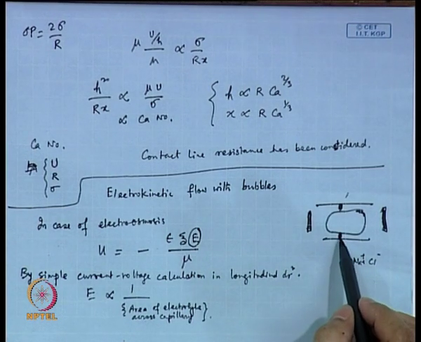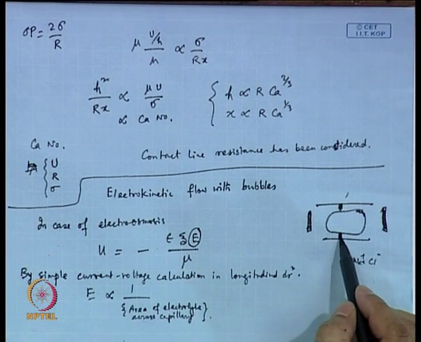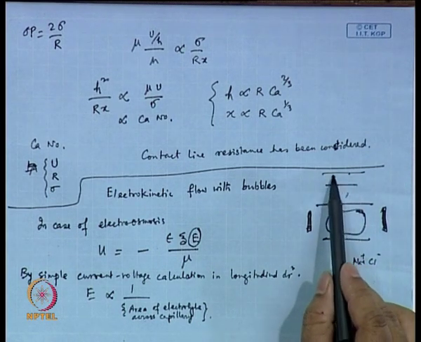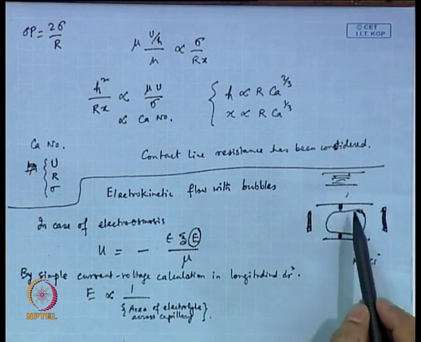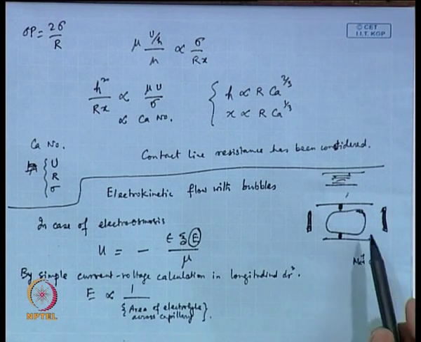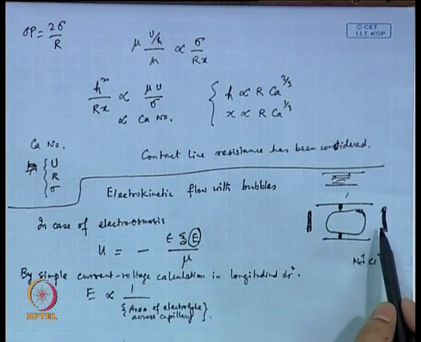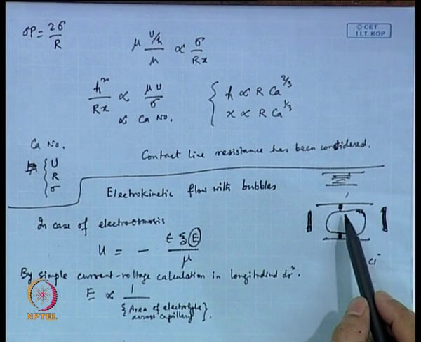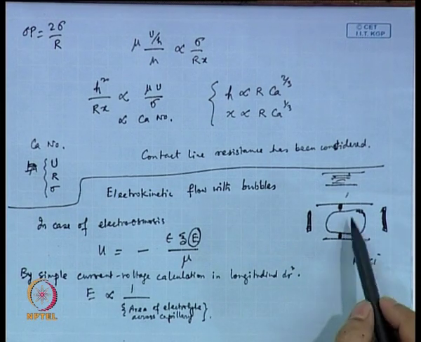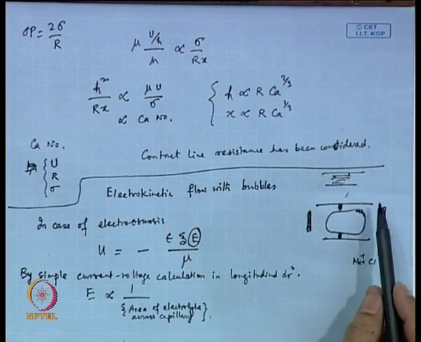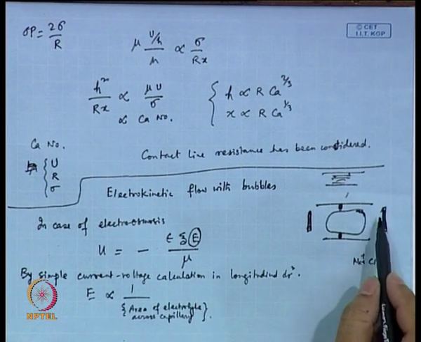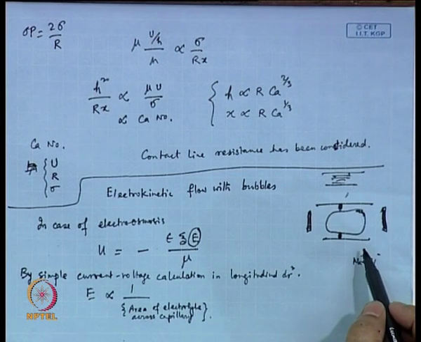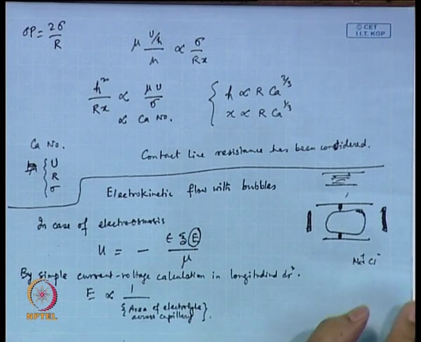So, the electric field E that you get in this case and in the case where the entire channel is filled with liquid would be different, because you are applying the same voltage, but over a smaller volume of electrolyte in this case and a larger volume of electrolyte in the other case. So, when you apply the same voltage, the electric field that you get is inversely proportional to the area of electrolyte across the capillary.